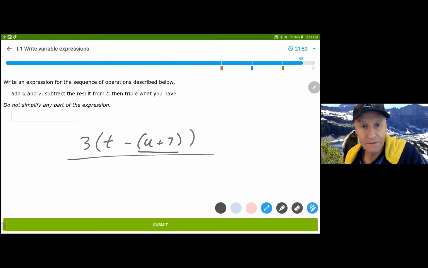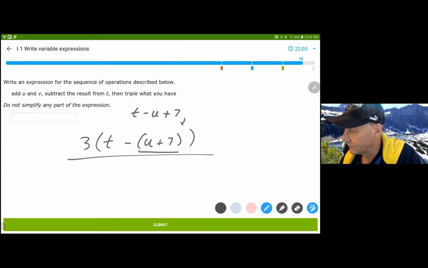Because without the parentheses, if you put 3t minus u plus 7, you get a different answer. Take a look. t minus u plus 7 is different from this. It's not the same thing. So you definitely don't want to do that. You want to have this whole thing right there.